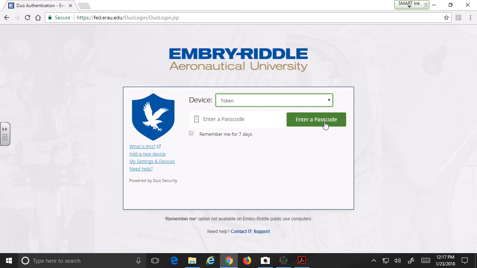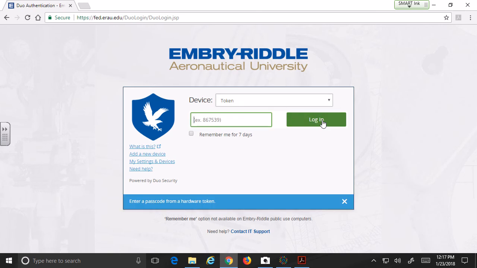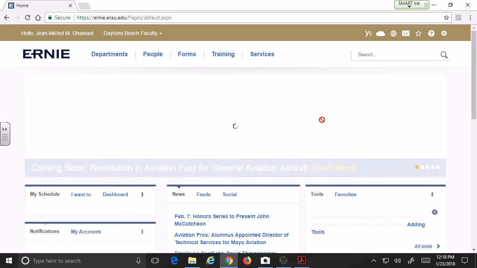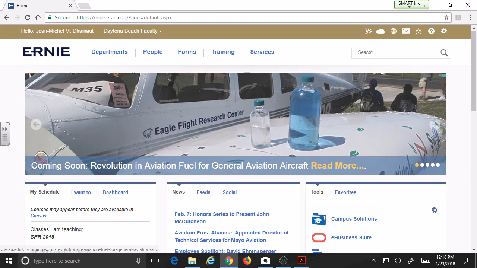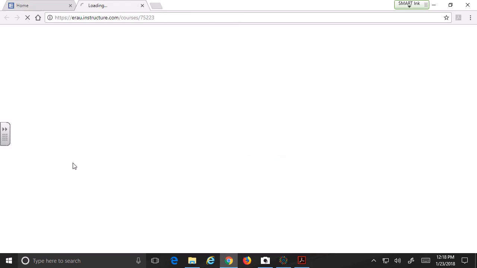I don't think it's a good example. Okay. Enter passcode, so they give me this token. I think it's February 1st, no? That's it. All right.